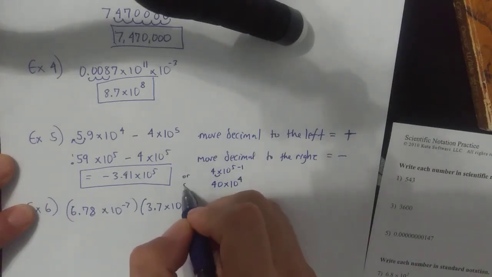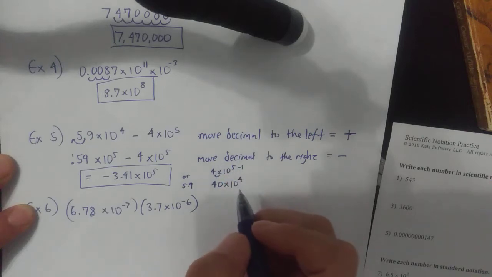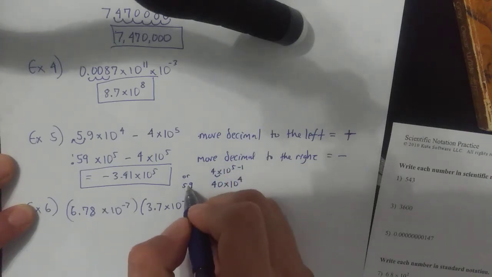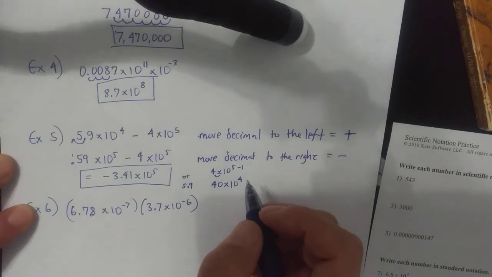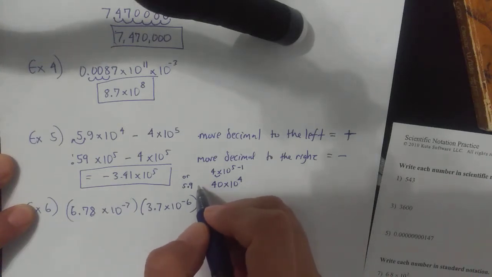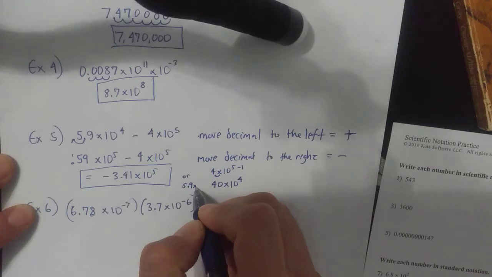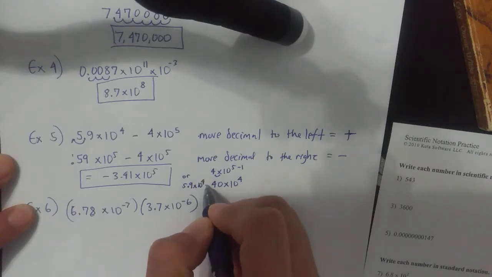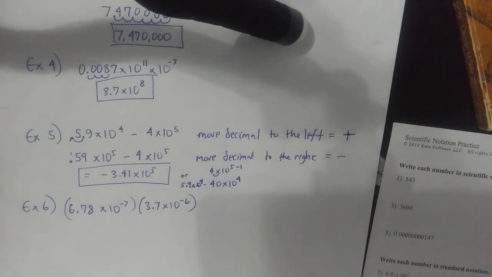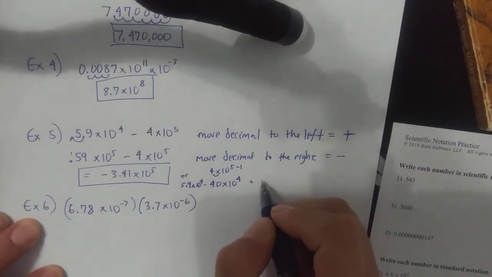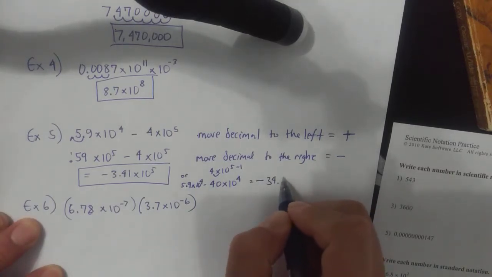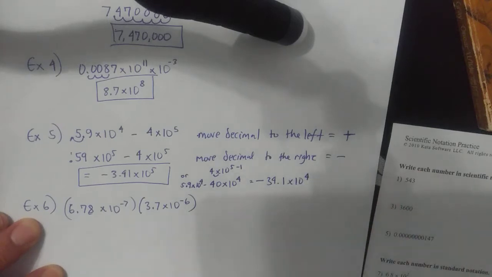And I'm going to say 5.9 minus times 10 to the 4. And this is minus, right? So now I could subtract, and I get 5.9 minus 40. I get negative 34.1 times 10 to the fourth.